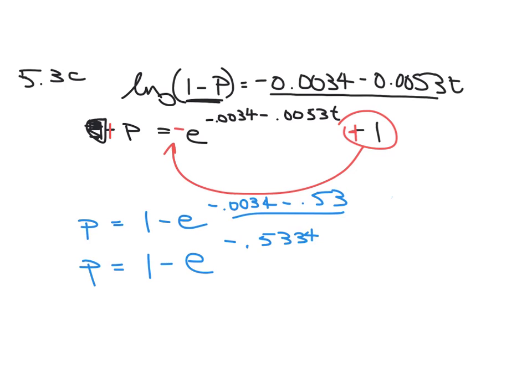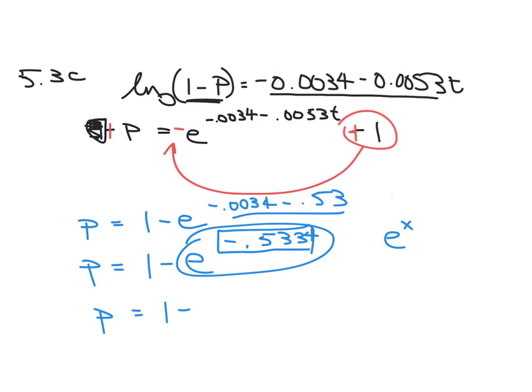Okay, now I need to get a calculator that will do natural logarithms. Alright, so when I do that, I punch in this number into my calculator, and then on mine, I hit the second function that gives me e to the x, and that gives me for this whole thing 0.5866.